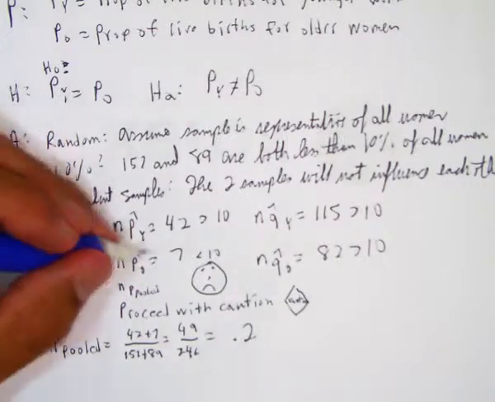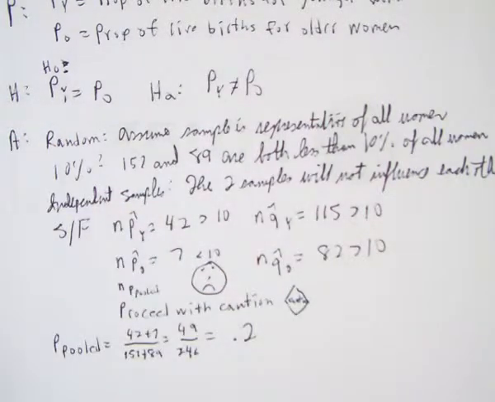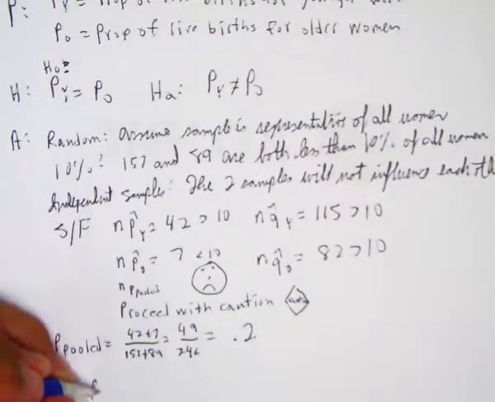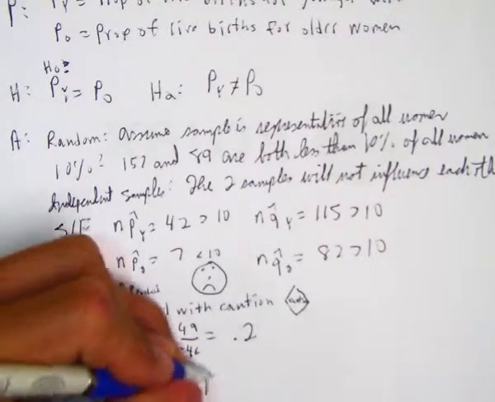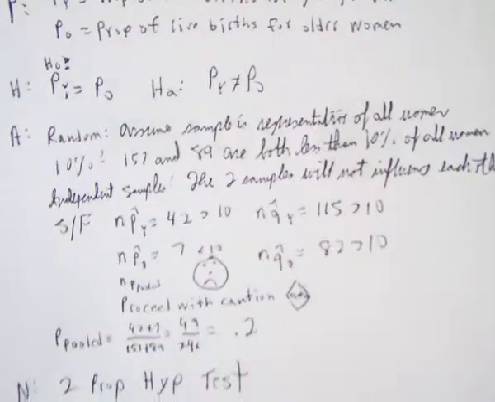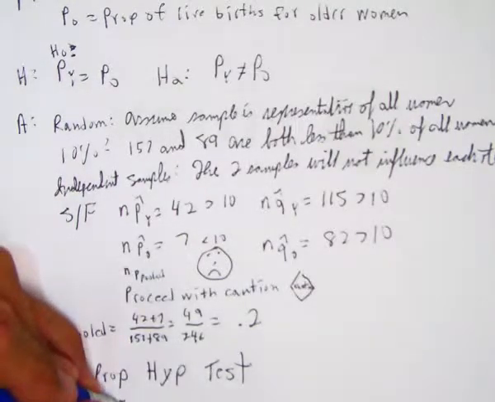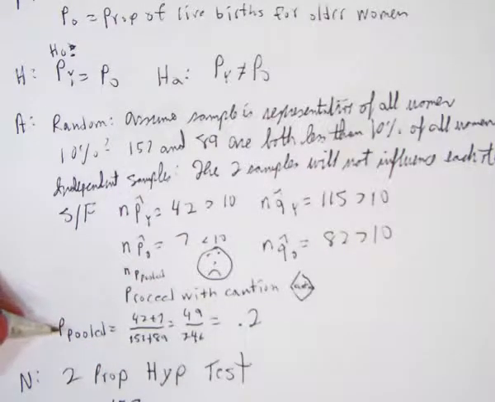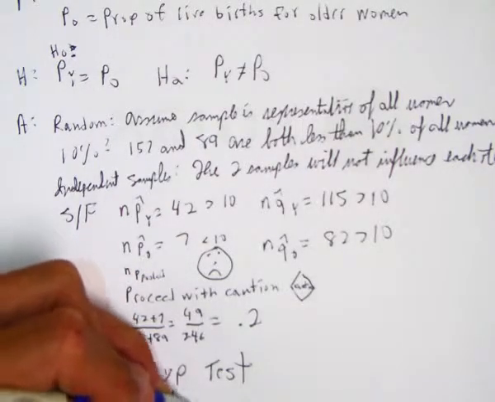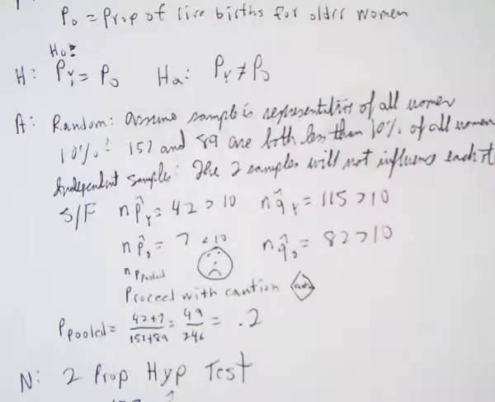So we know p pooled, so we're going to name it 2-prop hypothesis test, and then we're going to name all the statistics. n for the youngers is 157, and p-hat for the youngers is 42 out of 157. That's 0.268.